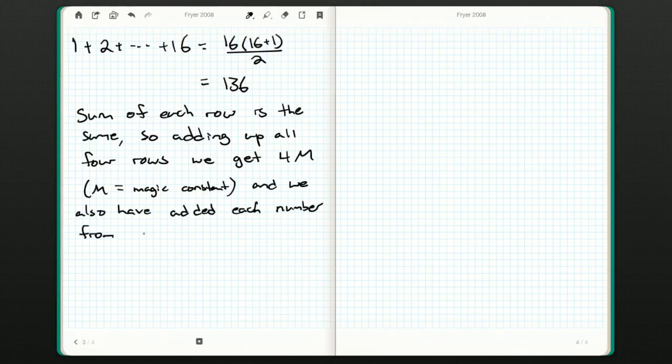We've also added each number from 1 to 16. Each one of those is in exactly one row. We add up each of the rows and then add those row sums up. We'll have added each number from 1 to 16 exactly once to our sum.